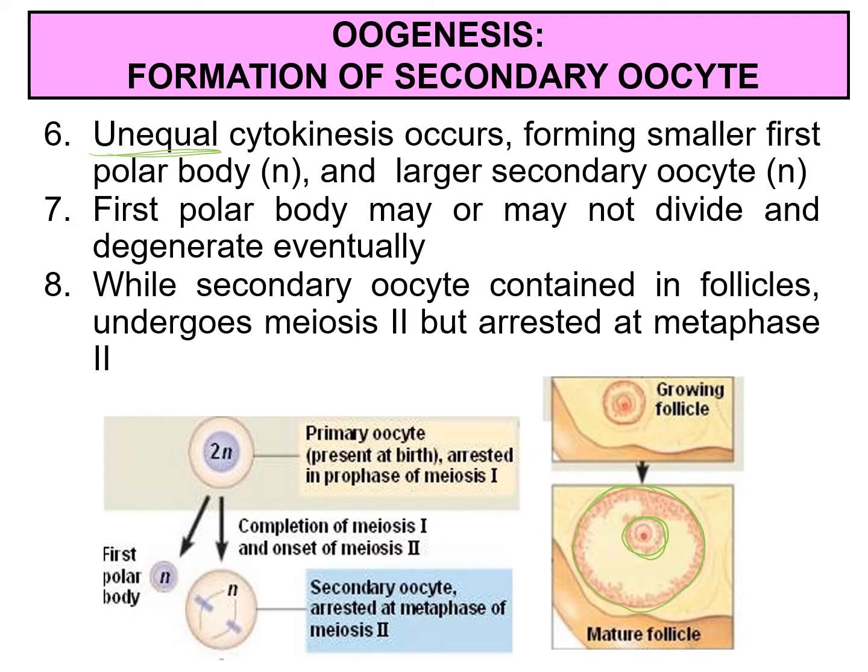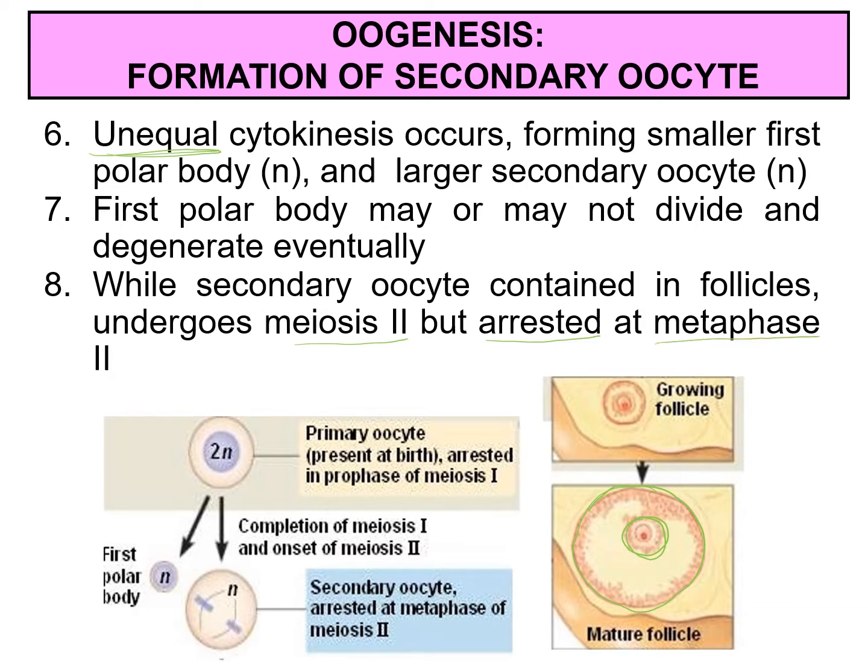Let's look at the secondary oocyte. The secondary oocyte is contained in the Graafian follicle, because it is just about to continue meiosis 2. So the secondary oocyte will continue meiosis 2 but then stop again at metaphase 2.